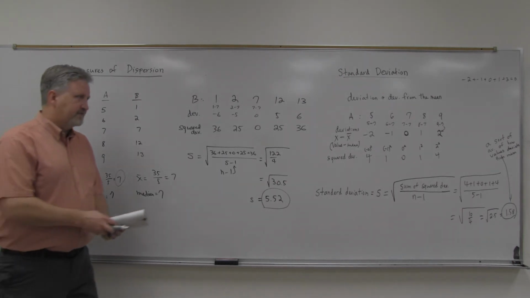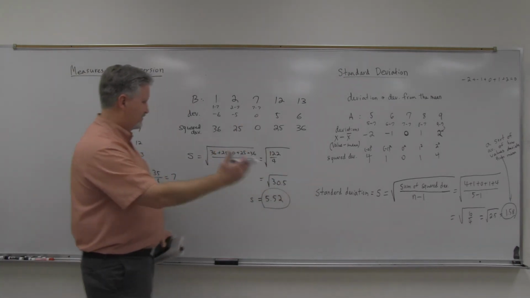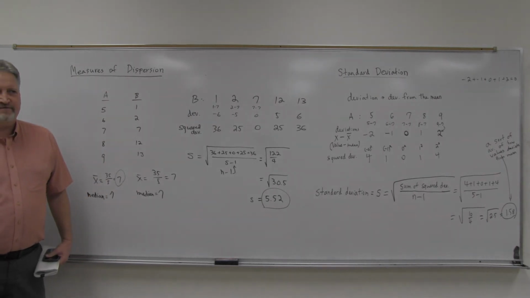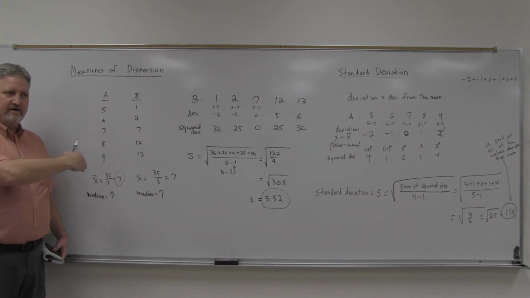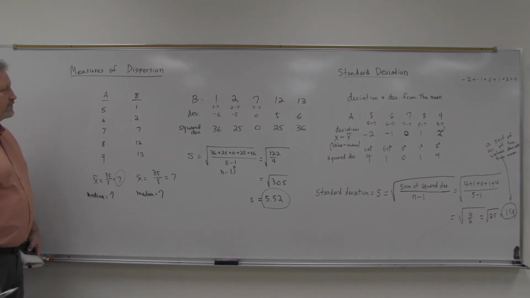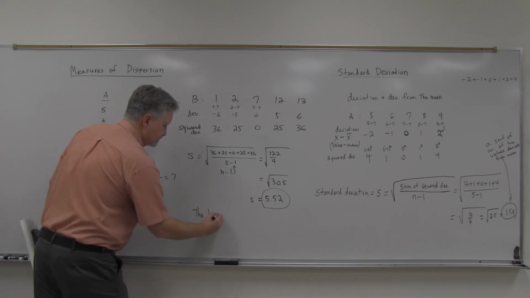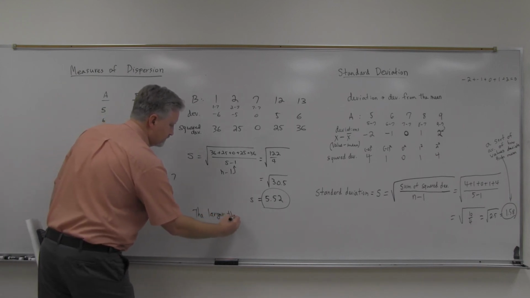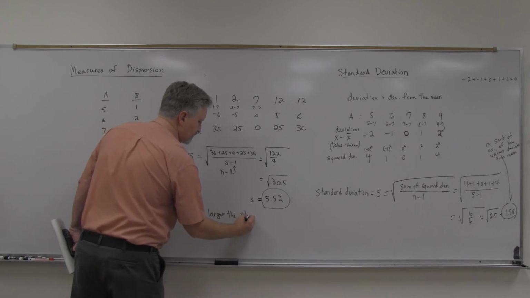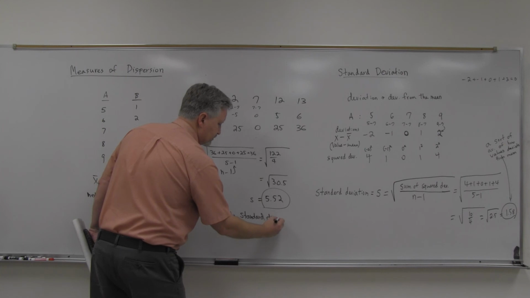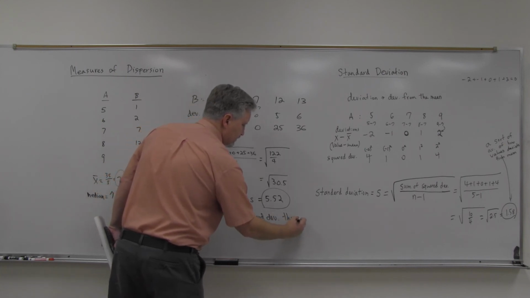Which again speaks to the fact that these are more dispersed. So the larger the standard deviation, the more dispersed the values are. That's the intent of that calculation. The larger the standard deviation, the more dispersed the values are.